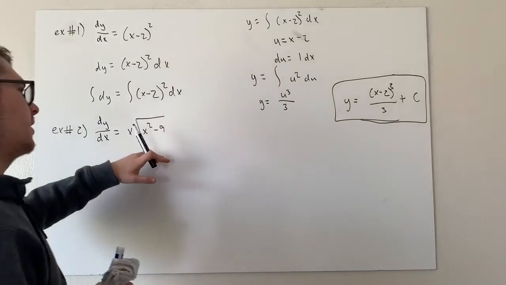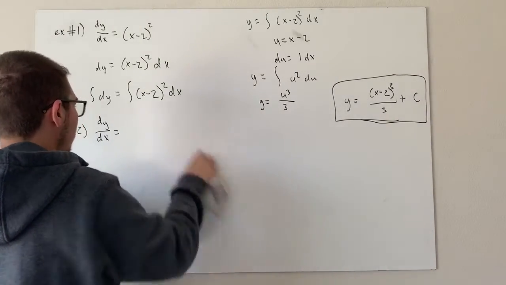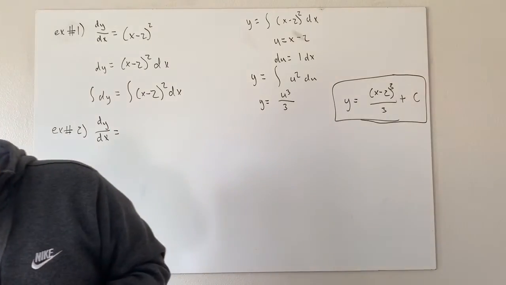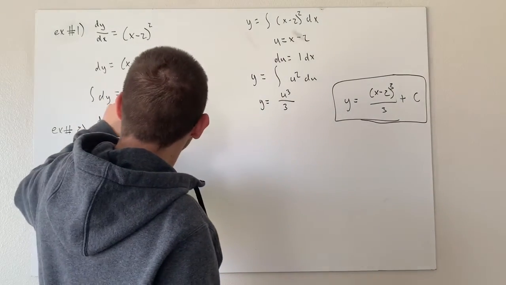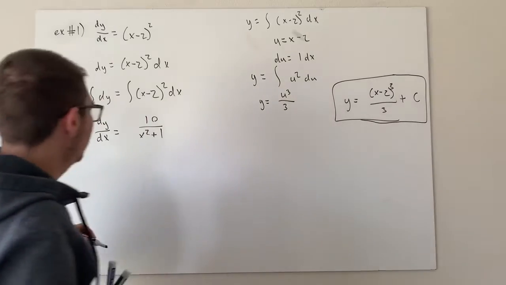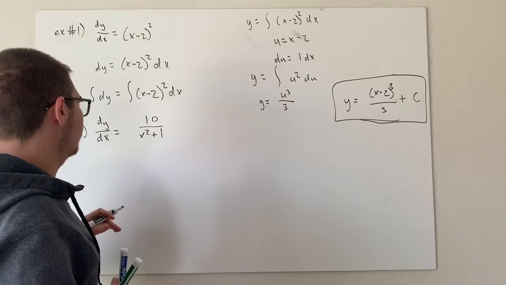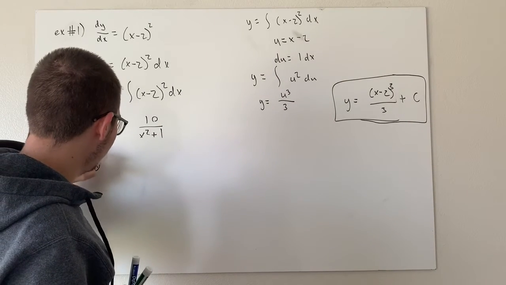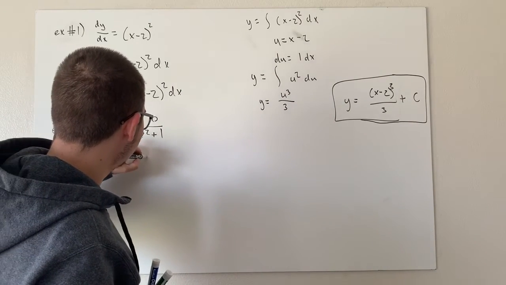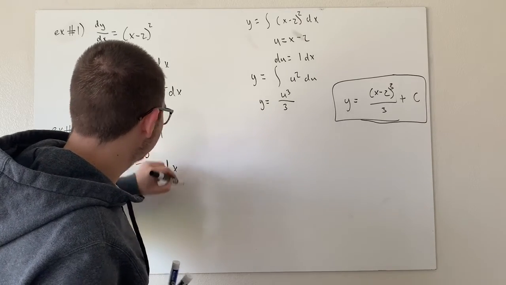Actually, this right here is another u-sub. So let me write the more spicy problem down. There we go. So we might get something like this. I see right away, okay, same process. I just want to do dy equals 10 over (x squared plus 1) dx.